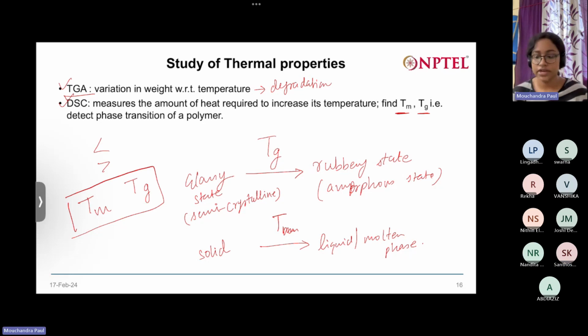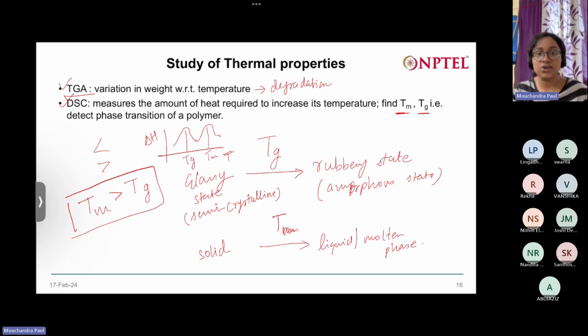Greater. Right. So what happens when you obtain the graph from DSC, a thermogram it is called. Here is temperature and here is the amount of heat that you require. We see that Tg comes first and then Tm. And after Tm, the polymer is no longer a solid; it becomes completely liquid.